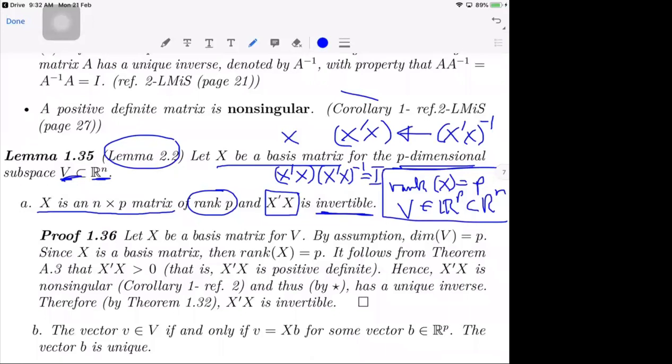You can post-multiply or pre-multiply. So X prime X is invertible, not X. The condition is that the rank of X is p, and V, the subspace, must be p-dimensional. Okay? So let us look at the proof.